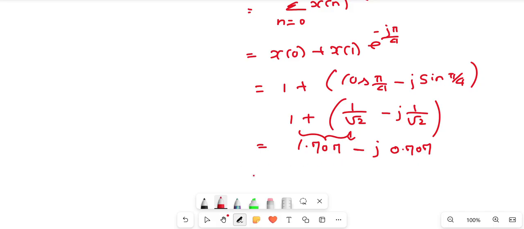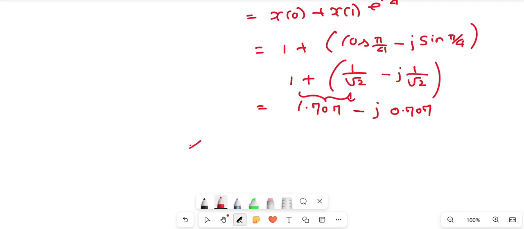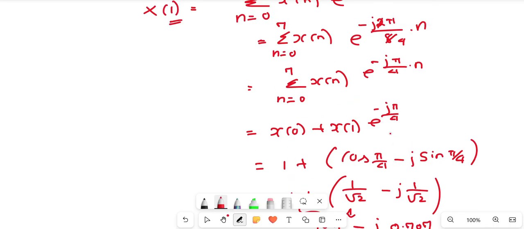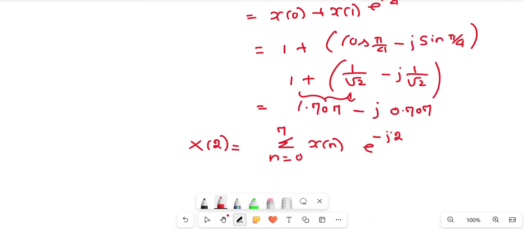Similarly, x of 2 will be the summation of n equal to 0 to 7 of x of n into e power minus j 2 pi by 8 into nk, where k is equal to 2.